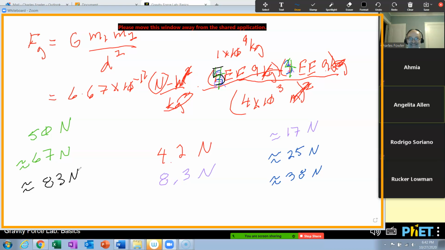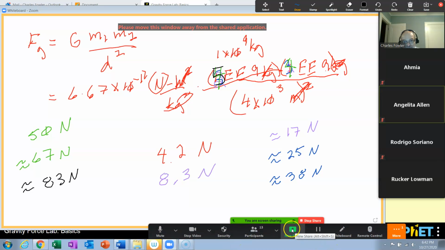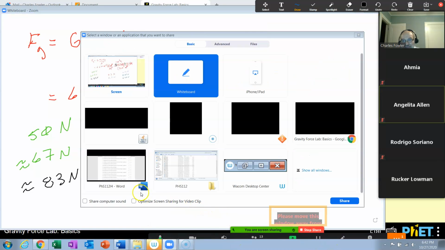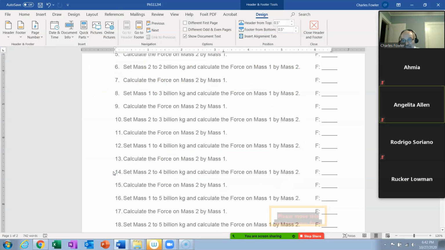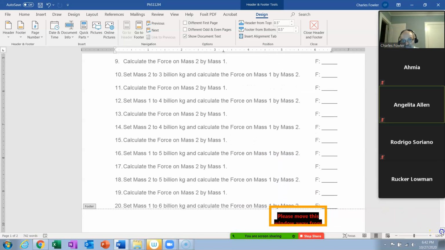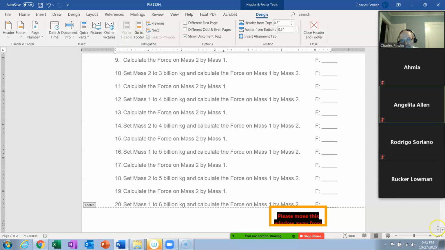Okay. All right. Then we'll go to new screen. We'll go back to our lab. We just increased mass 1 to 5 billion kilograms, leaving mass 2 at 4. We calculated the force on mass 1 by mass 2, but now we do mass 2 by mass 1, and what would that be?